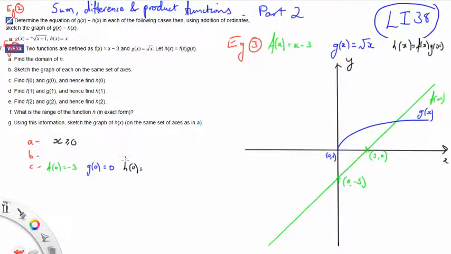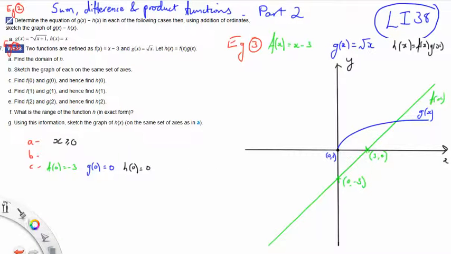You can just multiply these because it's the product of f of x and g of x. So 0 times negative 3 is 0. And we can put that right on our axis here because they're going to ask you to sketch it. So we know that (0, 0) is going to be a point on h of x, which makes sense because the y value here is 0 and we're timesing by minus 3, so we're going to get 0.